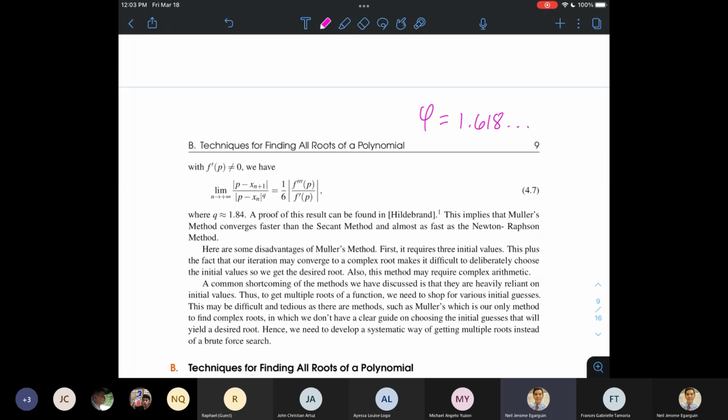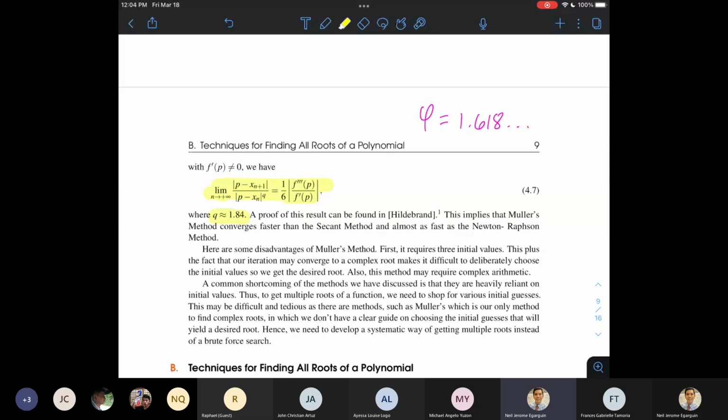Okay, pero yung Euler's method, interestingly, mas mabilis yung convergence niya sa secant method. Kasi nga, it was shown by, I guess, Euler who was able to prove that the rate of convergence of his method is 1.84, together with this estimate for the asymptotic error constant. Okay, but bakit mas mabilis siya than secant method?